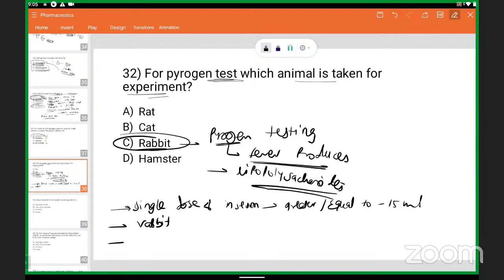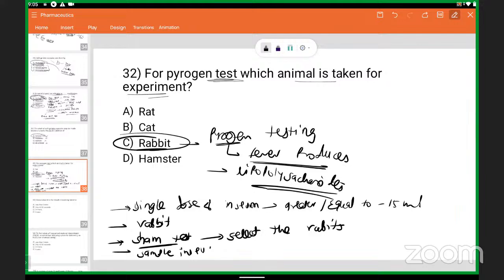The preliminary test of the pyrogen test is called the sham test. The sham test we use to select the rabbits. Then the sample we inject for pyrogen testing, we inject into the marginal ear vein of rabbits.